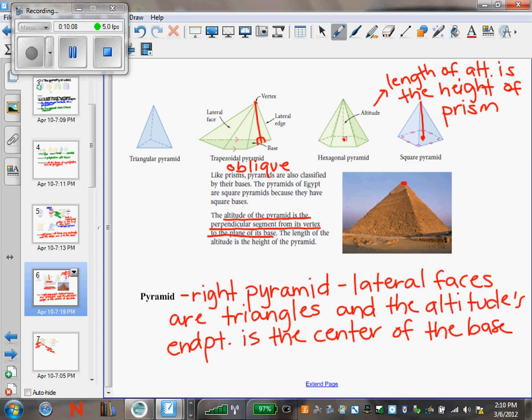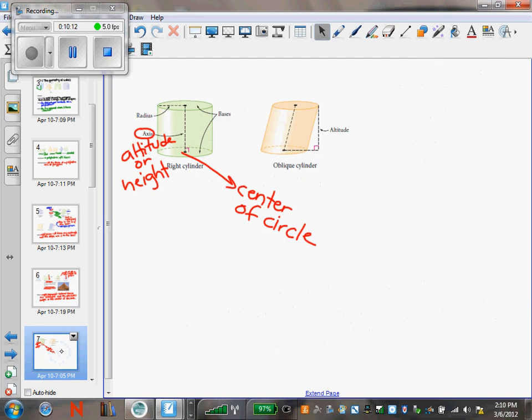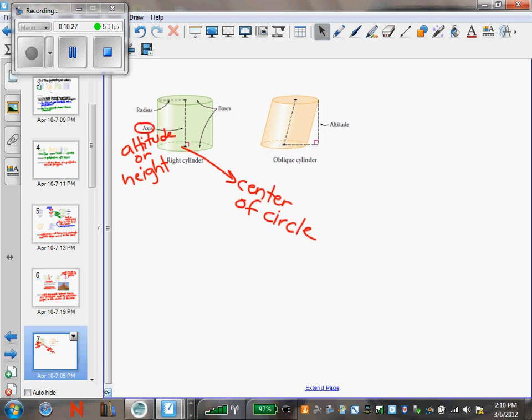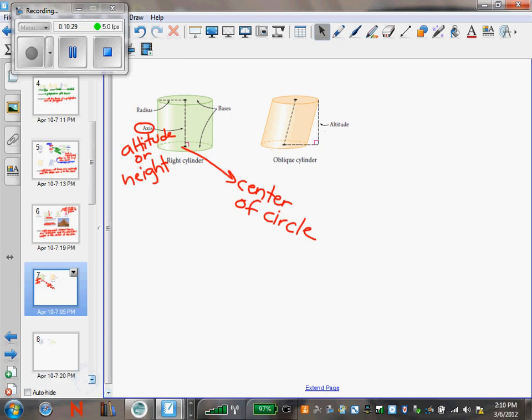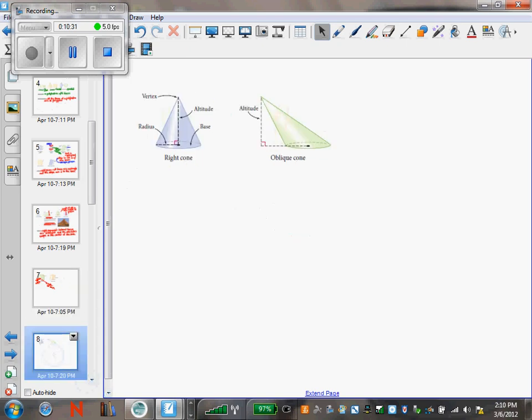The length of the altitude is still the height of the pyramid or the prism. Here on the oblique cylinder, you can see where they've drawn in the altitude, and the one that's drawn in the cylinder is not perpendicular to the base, so that's what makes it oblique. Here's your right cone and your oblique cone. You can just see the difference there.